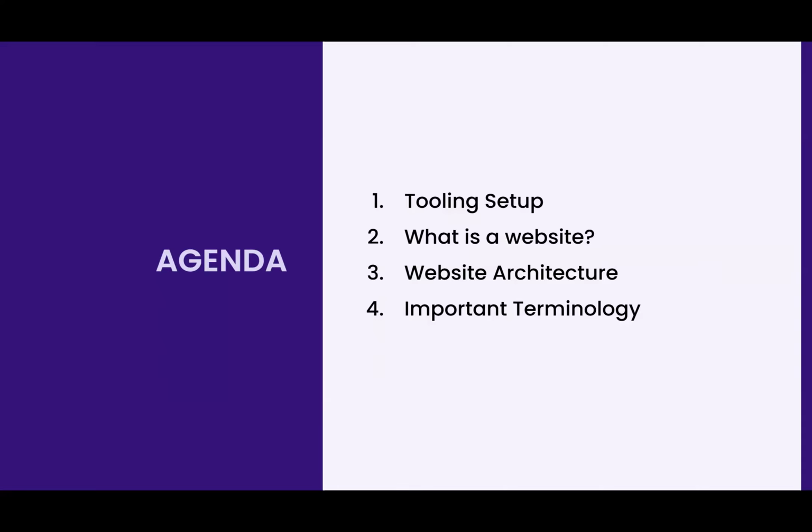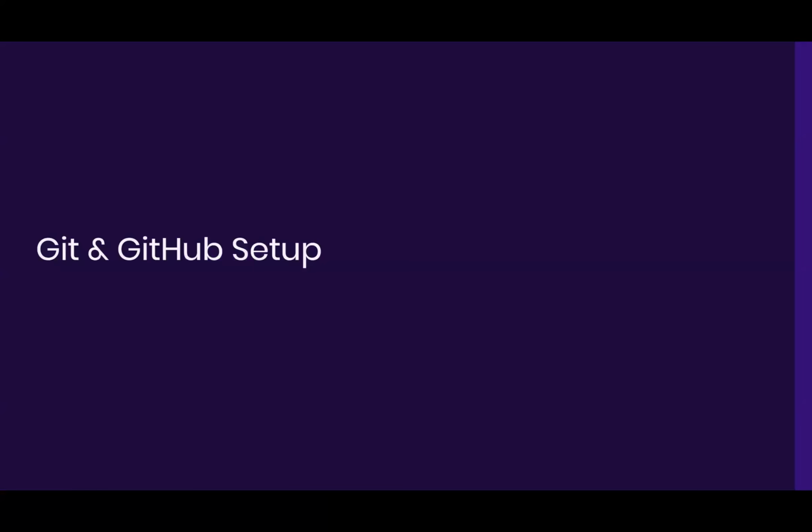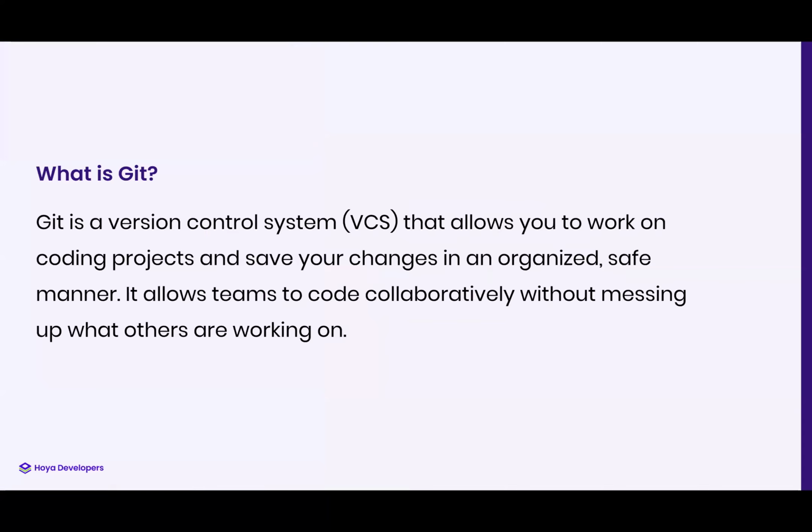And then we're just gonna cover what a website is. You guys all use it a lot, but I'm curious if anyone knows what happens under the hood. And then internet architecture and how something goes from your computer or somewhere else to your computer, and then some terminology. But let's first start with Git and GitHub.